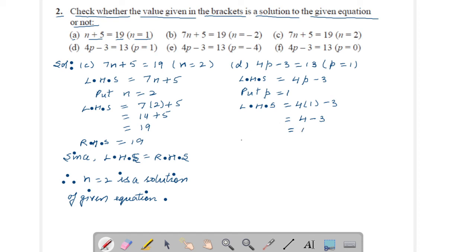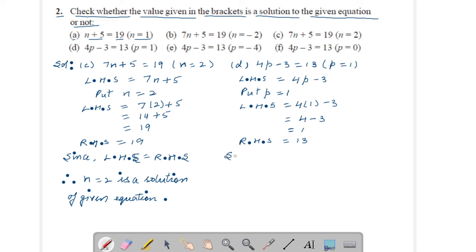And what is right hand side? It is 13. What do we observe? That left hand side, it is not equivalent to right hand side.